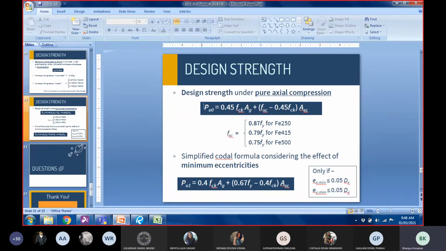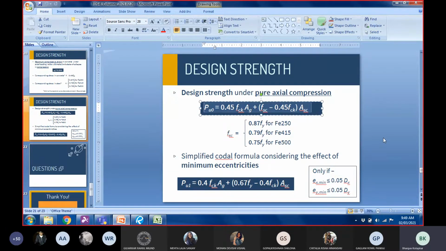Theoretically this is the formula, but you can use a simplified formula: 0.4 times FCK Ag plus 0.67 times Fy minus 0.4 times FCK into ASC. So the code has simply reduced this value by approximately 10%.